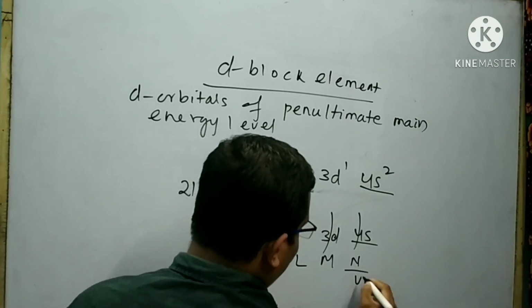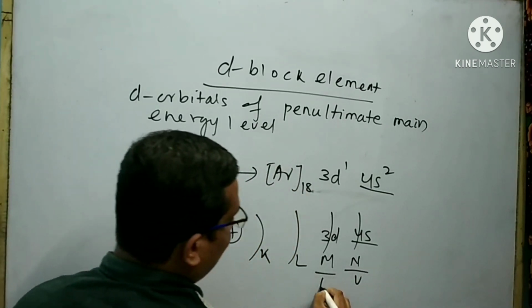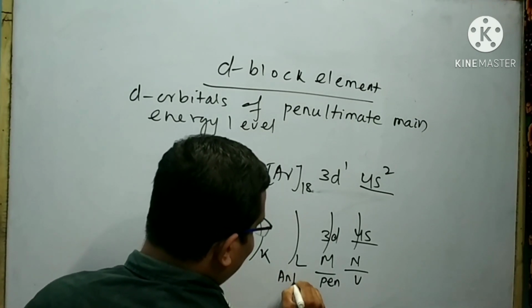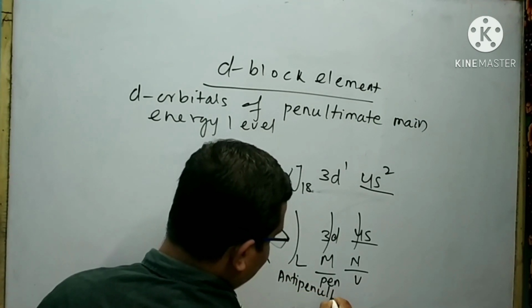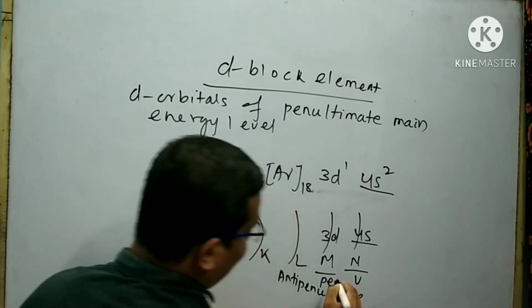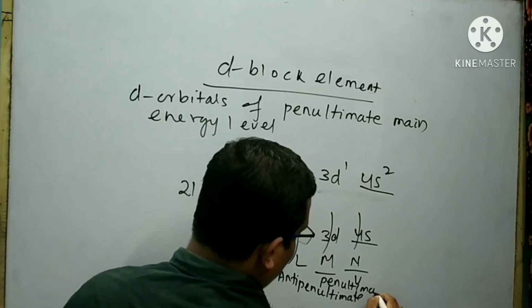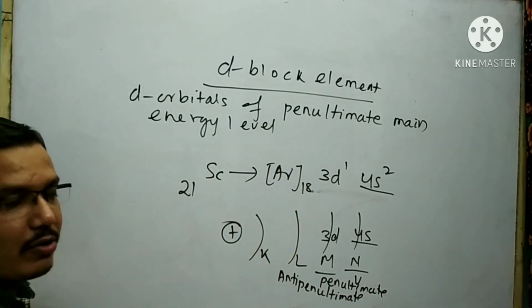Here the N shell is the valence shell, the M shell is the penultimate shell, the L shell is the antepenultimate shell.